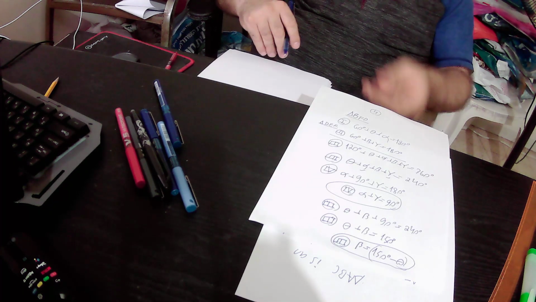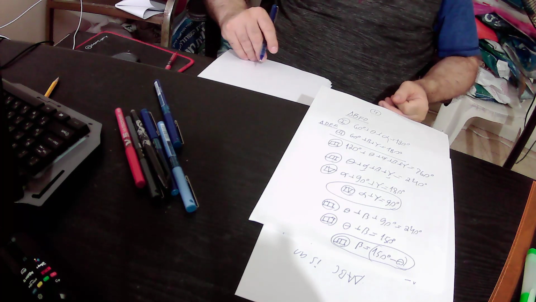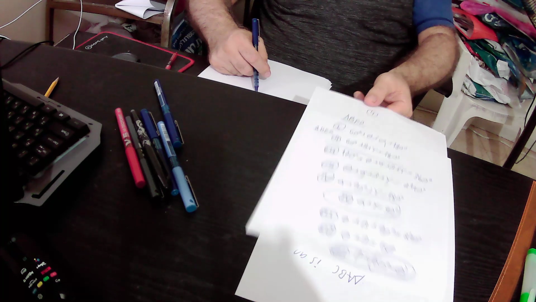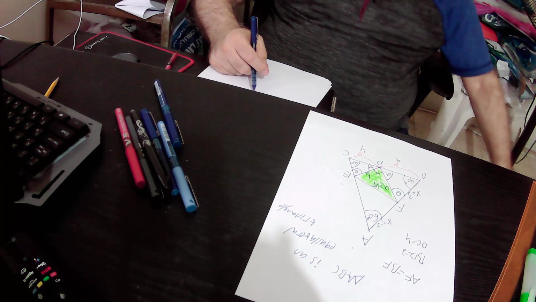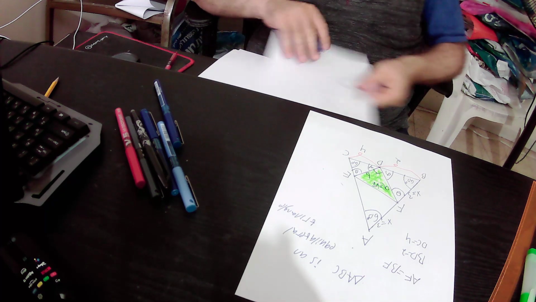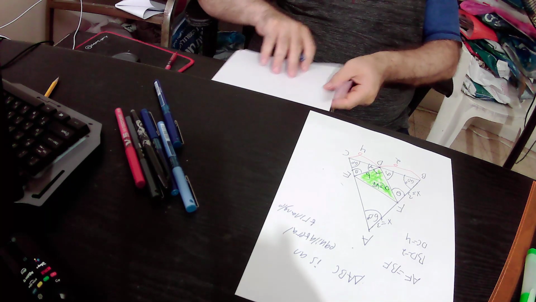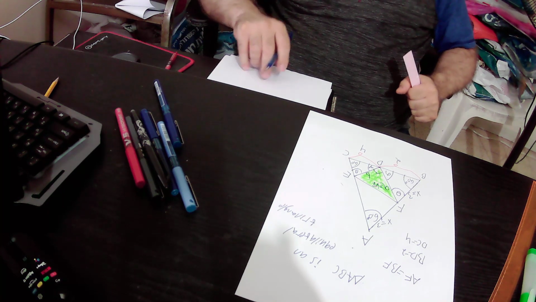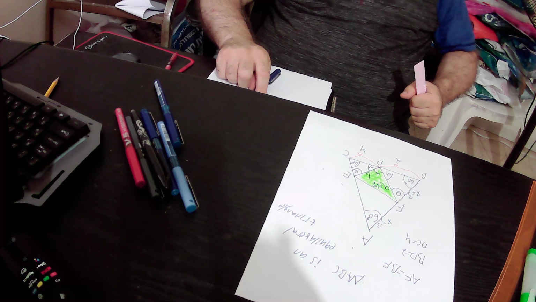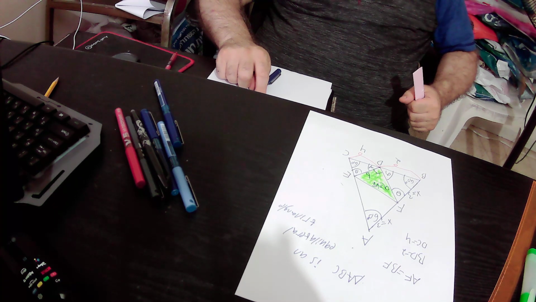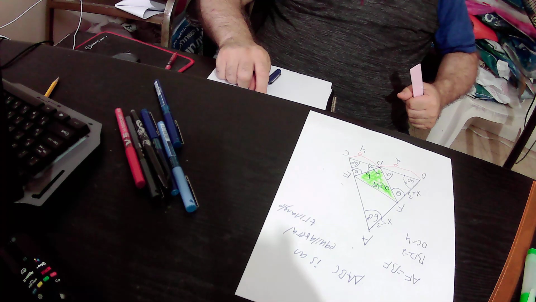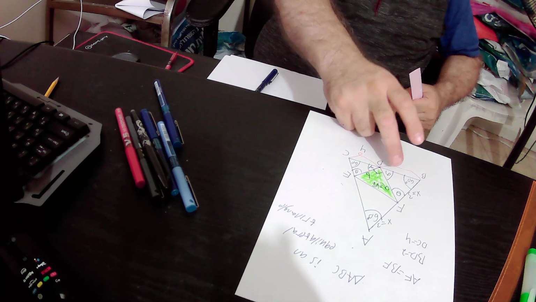Okay, we got that beta equals 150 degrees minus theta. In the next step, we will use the law of sines in order to find out the value of sine theta.